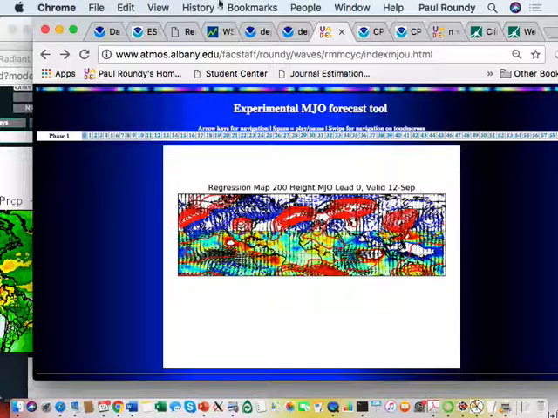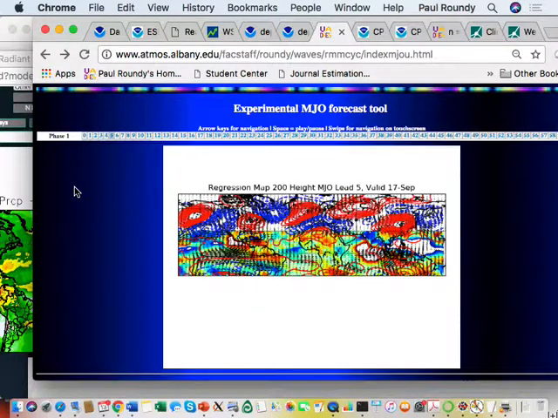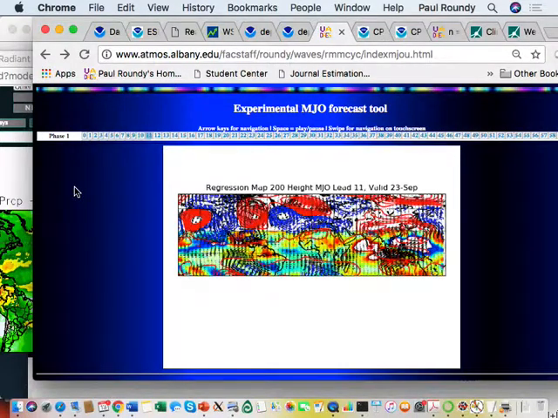This is including just MJO, not equatorial Rossby wave signals, just MJO. When I include the equatorial Rossby wave, it becomes a little bit more complicated. So going forward here, this is the same kind of prediction that I just showed you with the low frequency variability. This is MJO only though. Going forward, ridge, eastern North America.